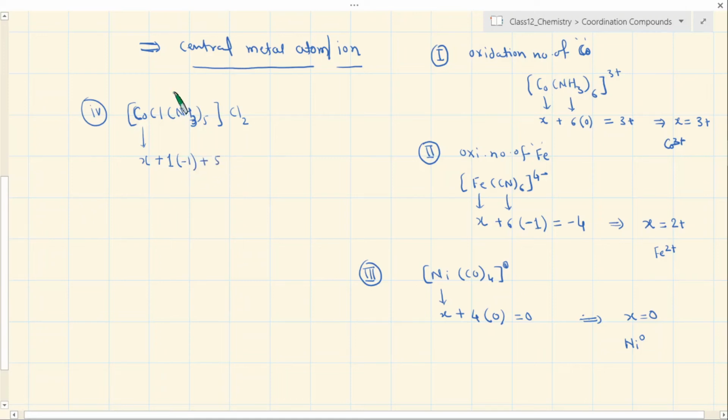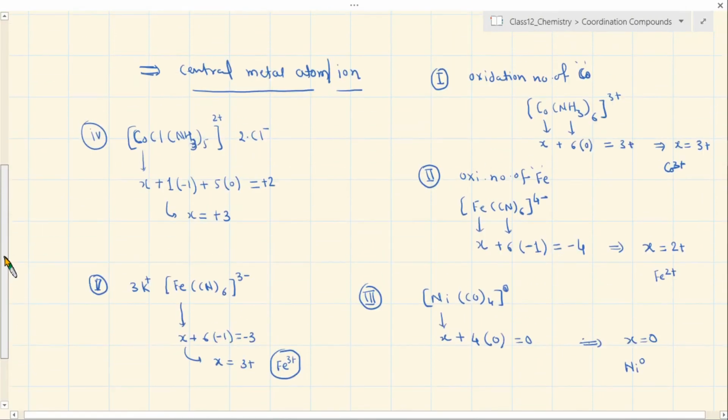There are 5 ammonia, so you have 0 on each one of them, and the total of this entire thing should be equal to 2 plus, because this will release 2 Cl minus and then this big ion. So this whole thing is plus 2, and this gives you x is equal to plus 3. So in this case also cobalt has 3 plus charge. Okay, is it clear to all of you?